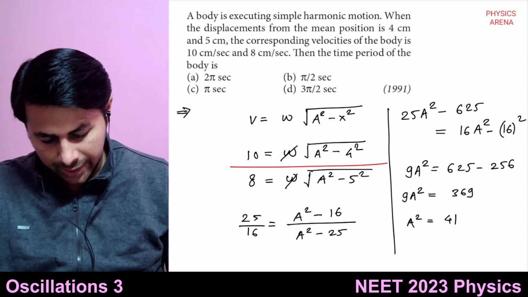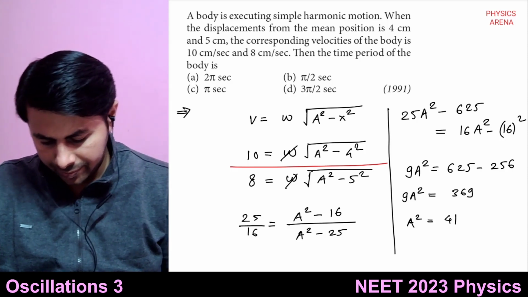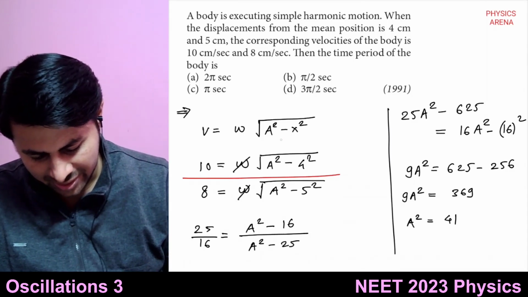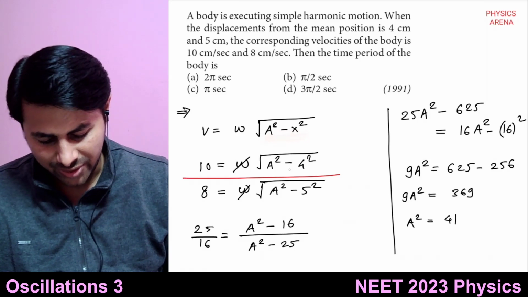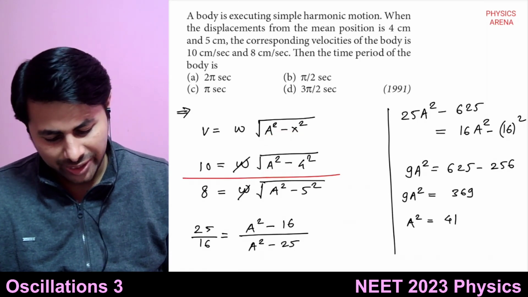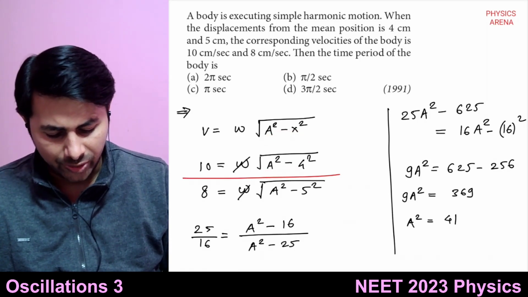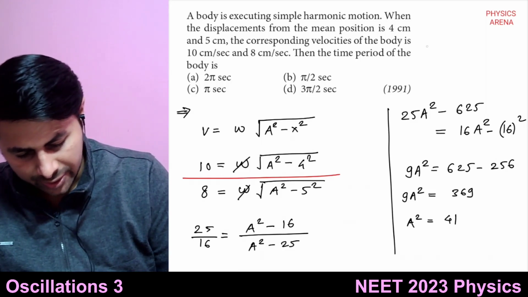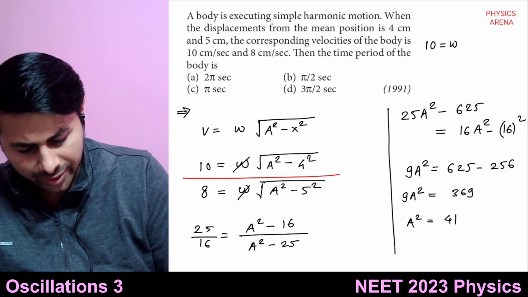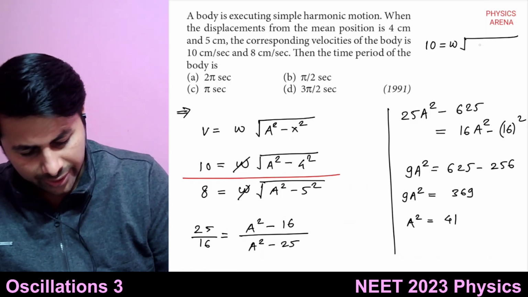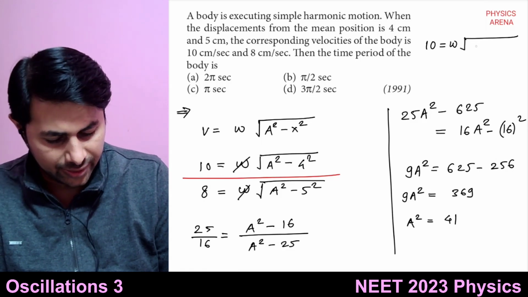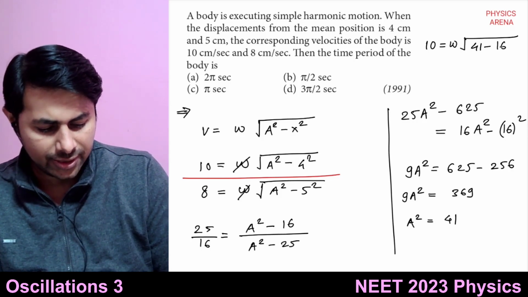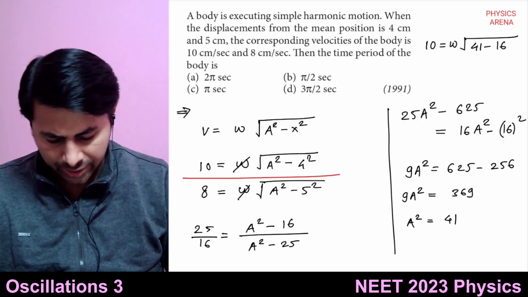Okay. And we'll substitute a square in this equation. So what do we get? A square is 41. 41 minus 4 square, which is 16. So 10 is equal to omega multiplied by square root of a square minus 16, right? So 41 minus 16 is how much?